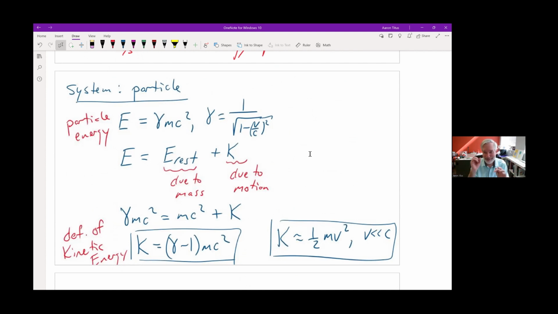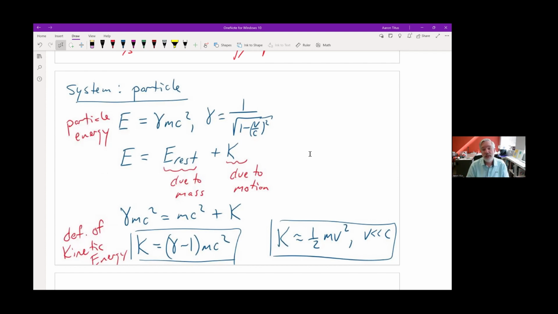So it's this very simple system. It cannot have temperature, it cannot deform. It is an idealization. That's our point particle. The energy of a particle is gamma mc squared, where gamma is the gamma factor. That's the total energy of the particle.